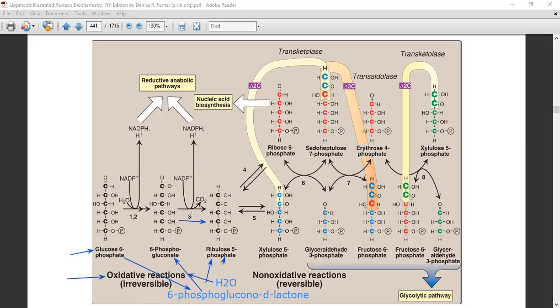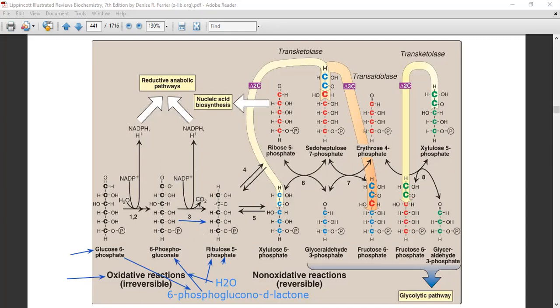So in reaction number 3, we have two processes, dehydrogenation and decarboxylation. This reaction is catalyzed by the 6-phosphogluconate dehydrogenase enzyme.